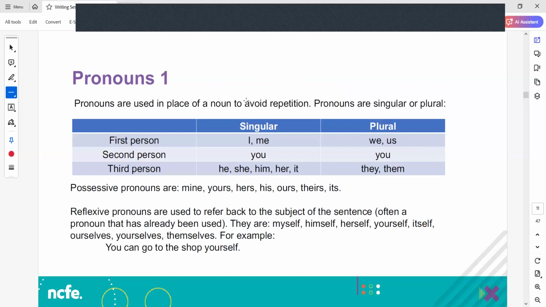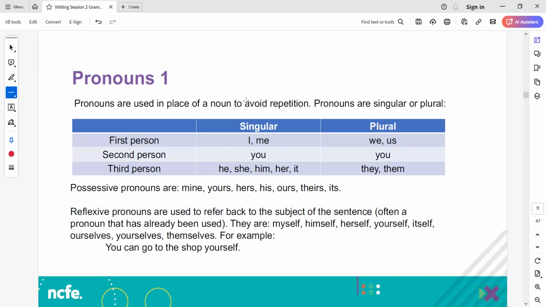So pronouns. Pronouns are used in place of a noun to avoid repetition, because as we saw in the video, if we just repeat the person's name when we're writing about them, it doesn't sound right. It becomes boring. It just isn't a good way to write or to speak. So we use pronouns to replace those nouns.